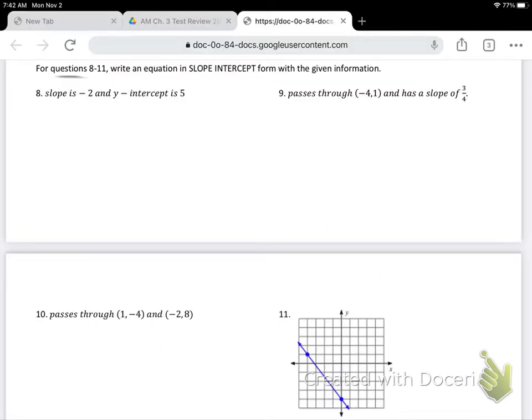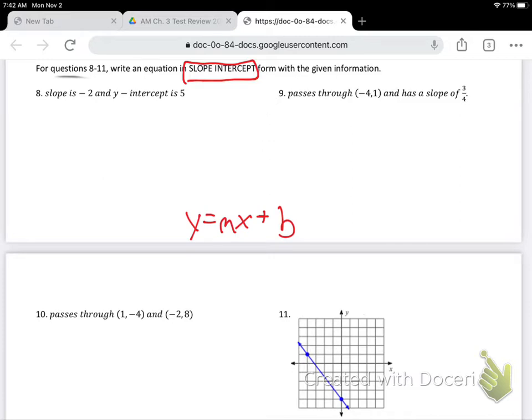All right, for 8 through 11, write an equation in slope-intercept form. Okay, slope-intercept form is y equals mx plus b. So when it says 8, slope is negative 2 and y-intercept is 5, since you have the slope and you have the y-intercept, that's all you're looking for.